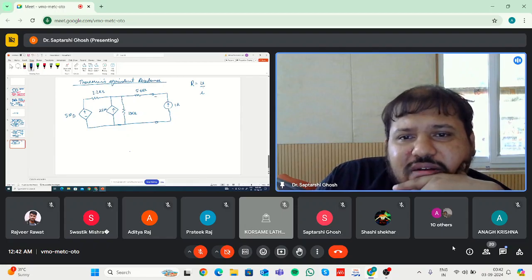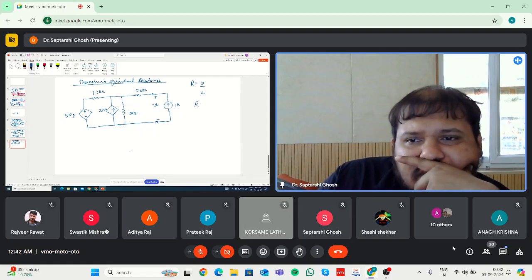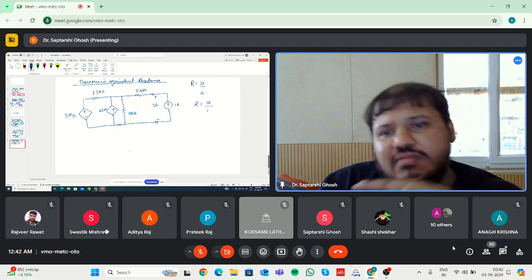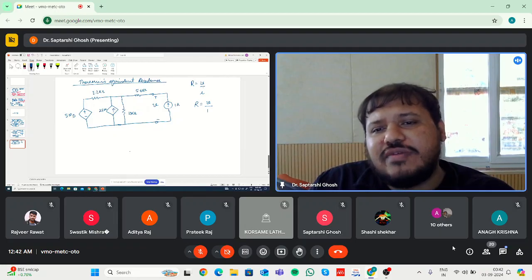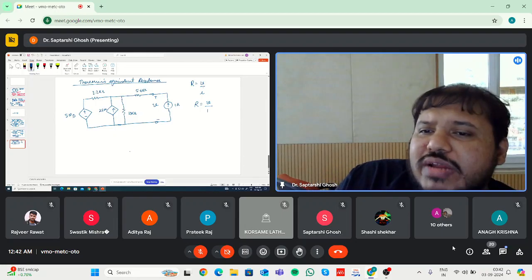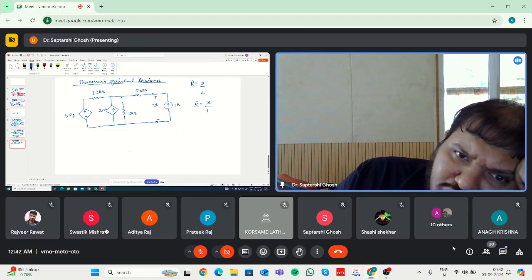Based on that, if we find what this V is, then the resistance will be V by 1, because you are applying a current of 1 ampere and getting a voltage of V. The resistance between these two terminals will be V by I. I is equal to 1 that you are applying, and V you should find. So due to this 1 ampere current source, what is the voltage across these two terminals? If you can find that, you'll be able to find your RTH. This is nothing but RTH.